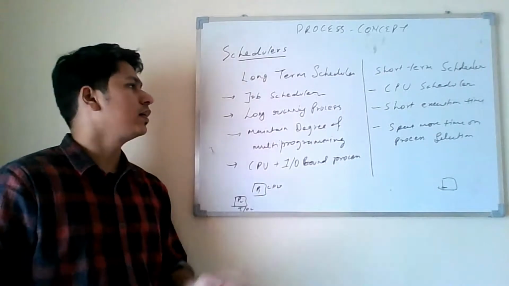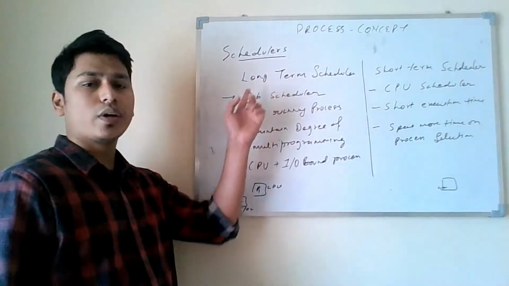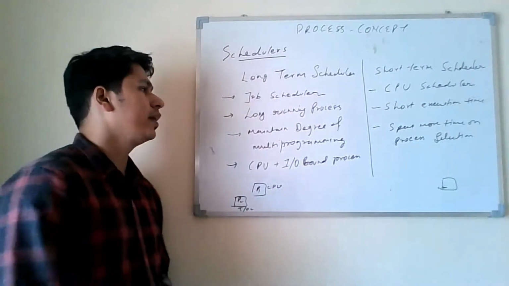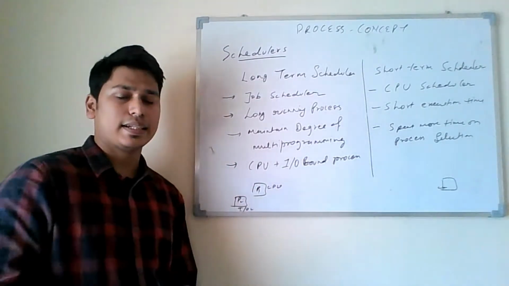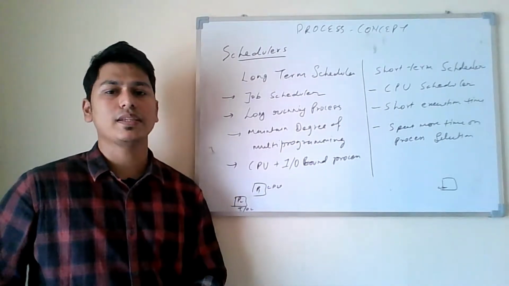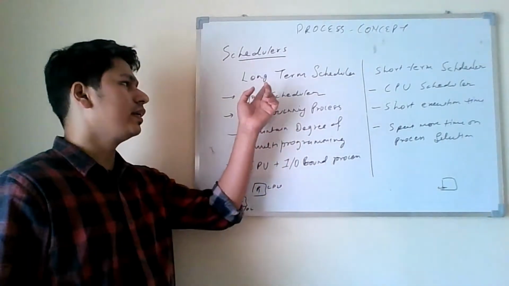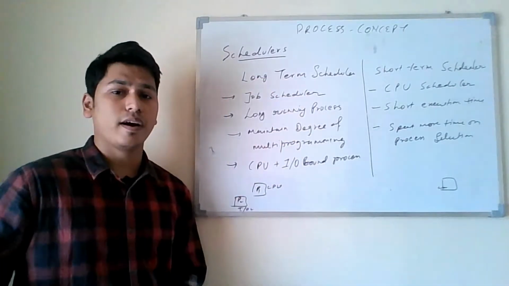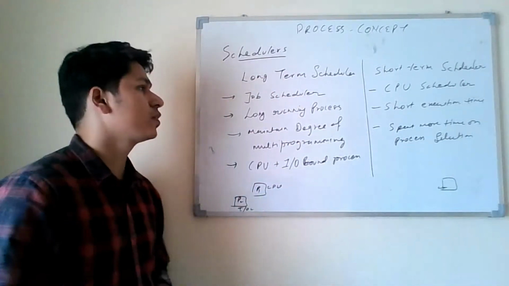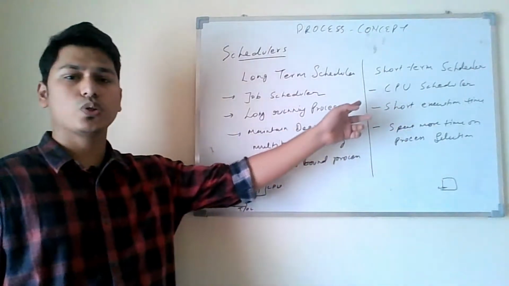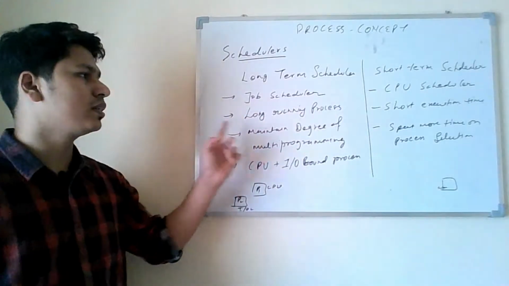Once the scheduler has been invoked to fetch a process from the queue, it selects a process that is executing most of the time on the CPU, so that it will execute again quite later. Whereas the short-term scheduler executes more frequently as compared to this.